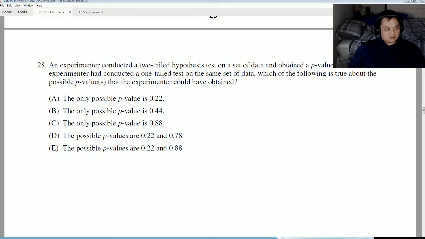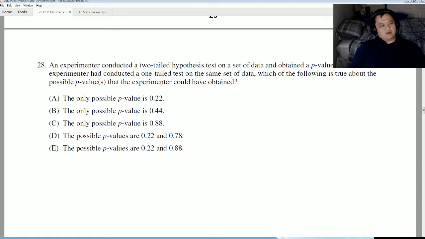But the p-value can only be located on one side. Can the p-value be located on both sides? Yeah, because the p-value is just a probability value. It can be shaded to the right or shaded to the left.